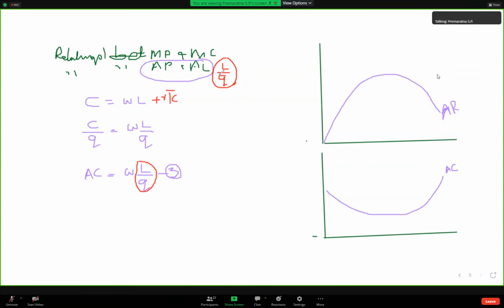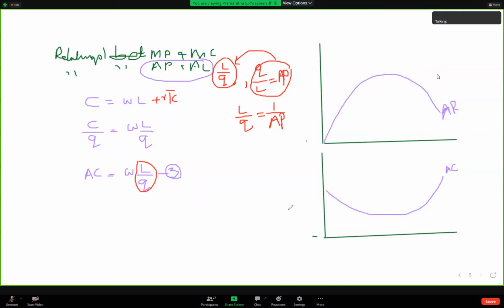But we know this term Q divided by L. That is the average product of labor. Now you can see the similarity, which means that L divided by Q I can write as 1 divided by AP.